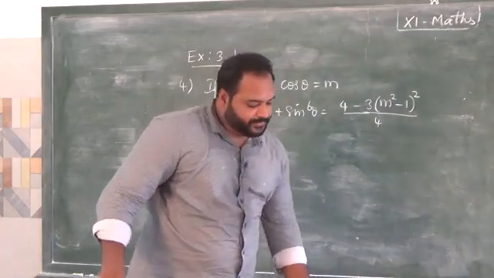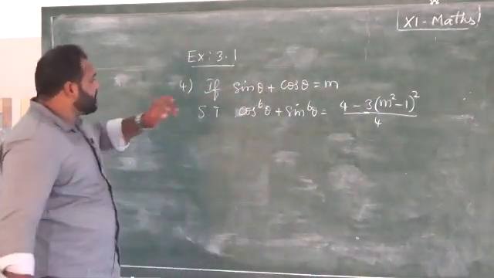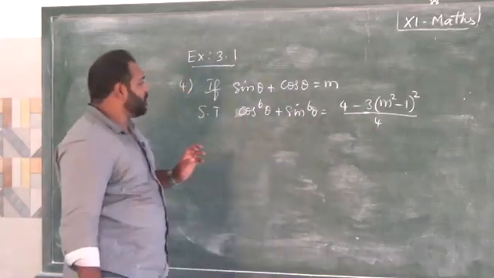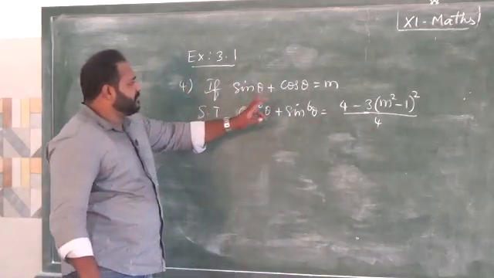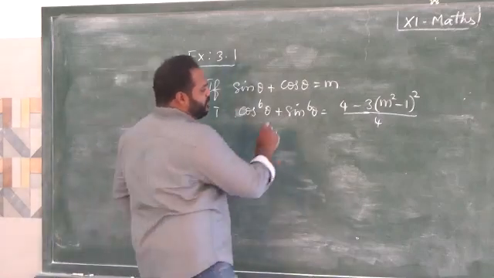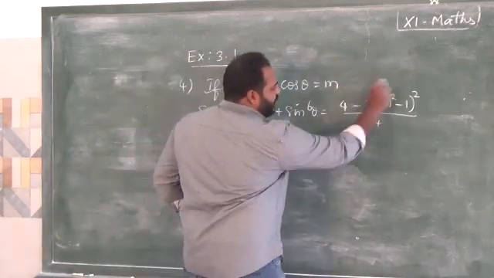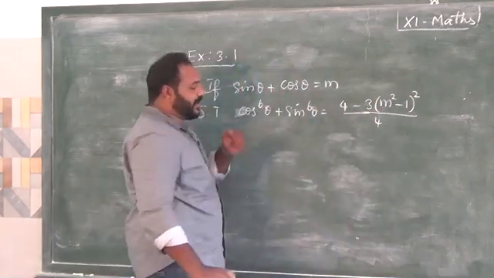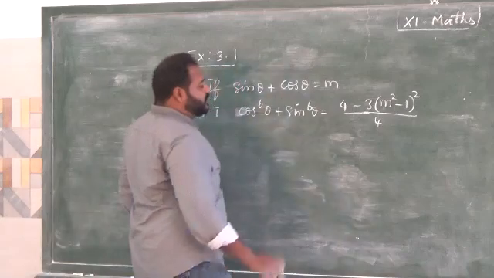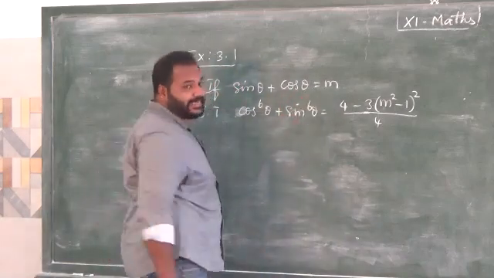So here, using this given, I am going to prove this statement. Now sin theta plus cos theta equal to m. In the proof, on the right hand side, we have m square, but in the condition we have only m.